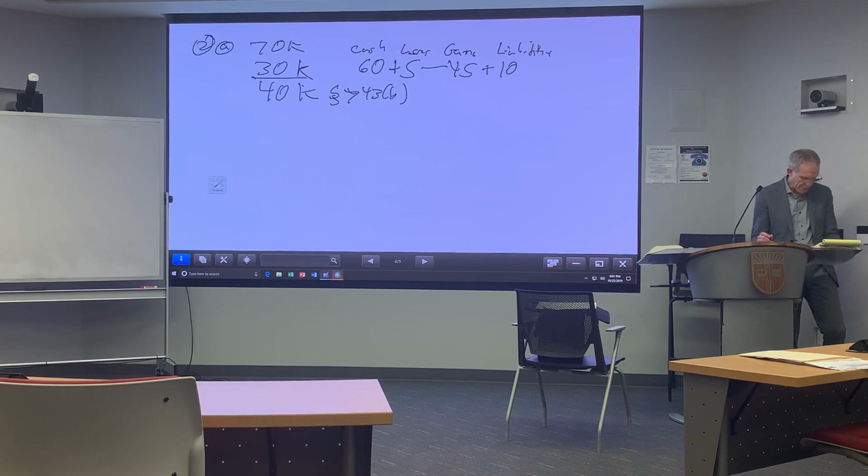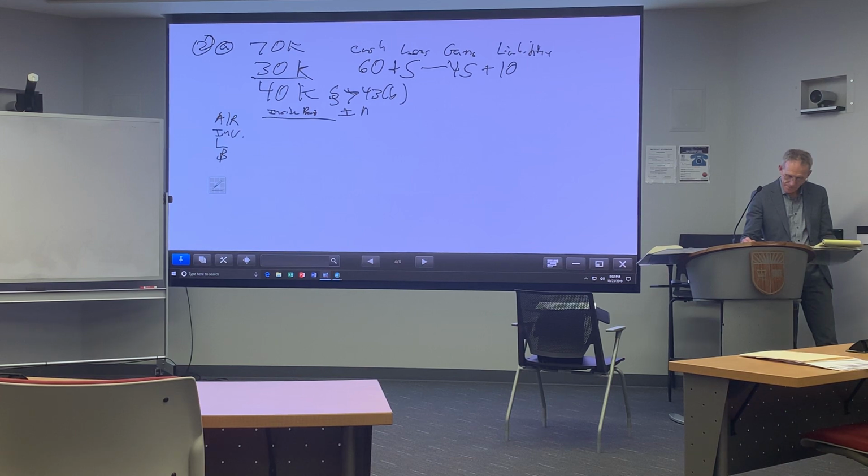So what we're going to do here is take the accounts receivable, inventory, land, and building: the inside basis, plus or minus the adjustment, will equal the basis.